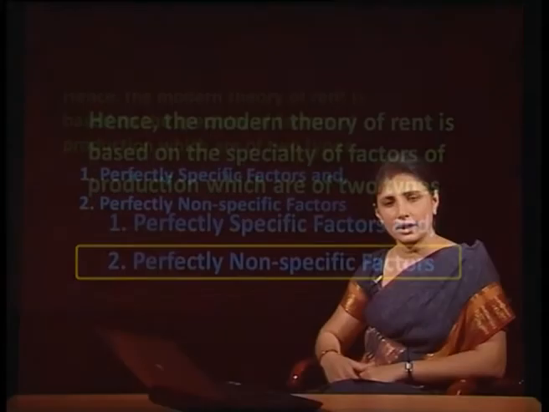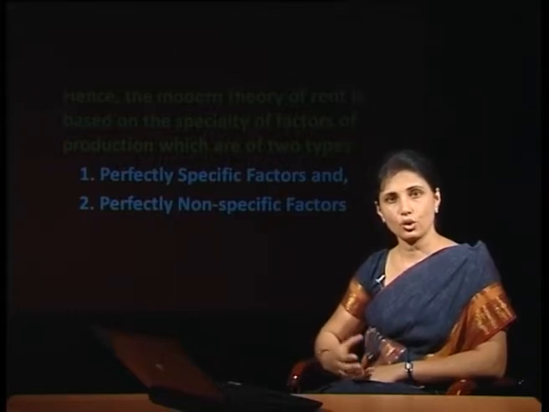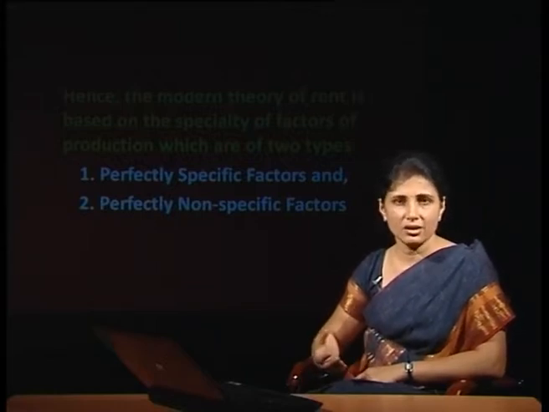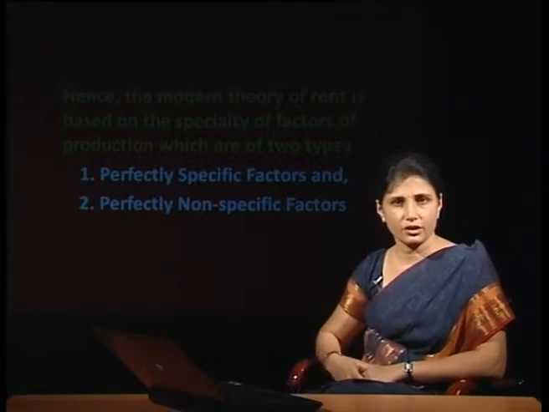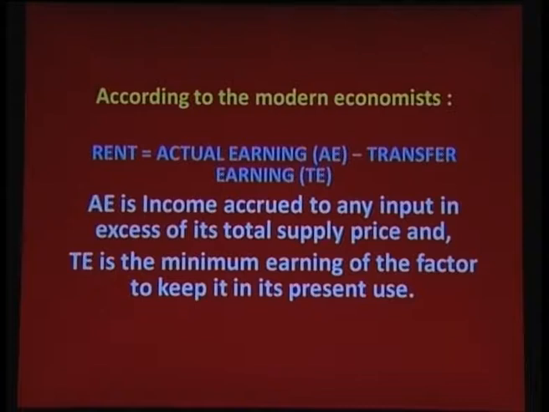Perfectly specific factors of production have a very specific use, and when they are used in one work, they cannot be used simultaneously in another use. On the other hand, the non-specific factors of production have no specific use as such, and they can be used in more than one work simultaneously.